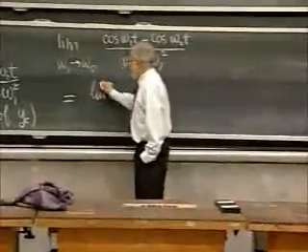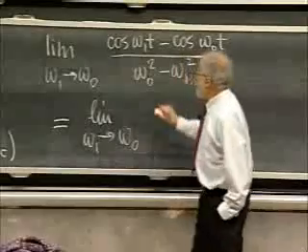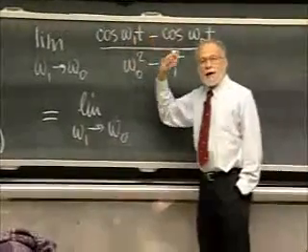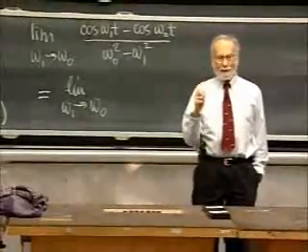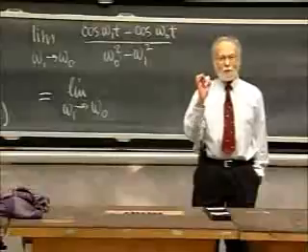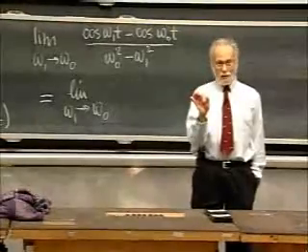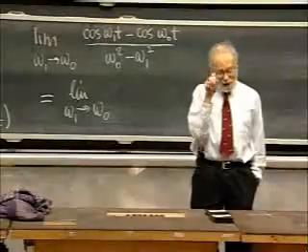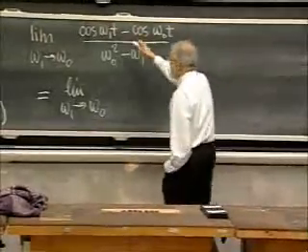It's the limit as omega 1 approaches omega 0. And what do you do? You differentiate the top and the bottom with respect to what? Right, with respect to omega 1. Omega 1 is the variable. That's what's changing. The t I'm thinking of as temporarily fixed, a fixed value.